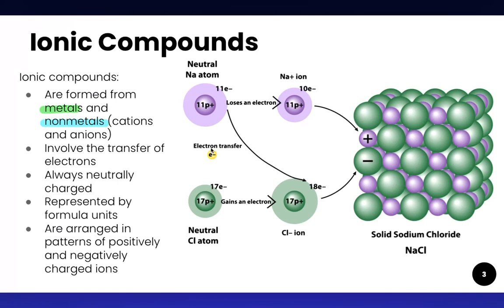So you can see that in this picture here. We have the neutral sodium atom and the neutral chlorine atom. The electron transfers from the sodium to the chlorine, and then we have two ions after the electron completely transfers.